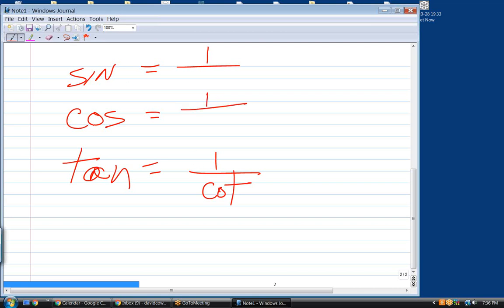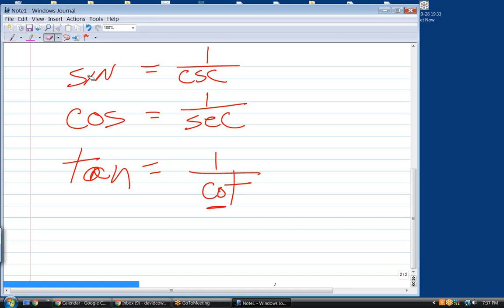One goes with sine and the other goes with cosine. Well, cosecant goes with sine, secant goes with cosine. Notice that there is exactly one co in every pair. As long as you know the reciprocal of tangent is 1 over cotangent, then you can't miss the other two.